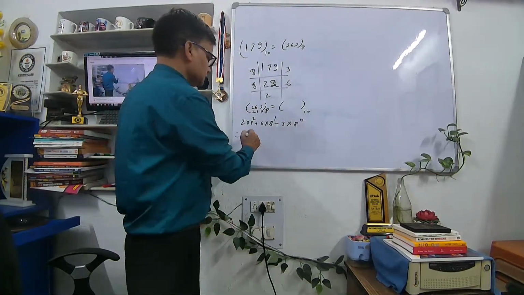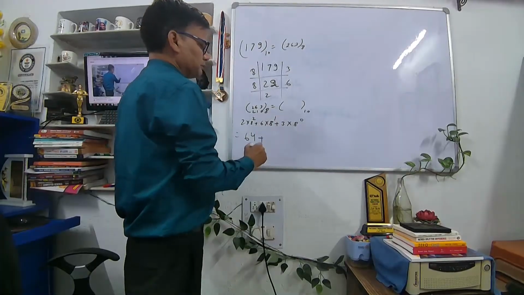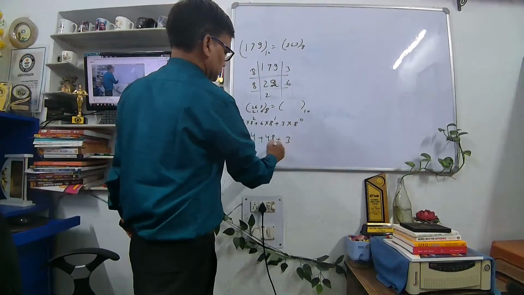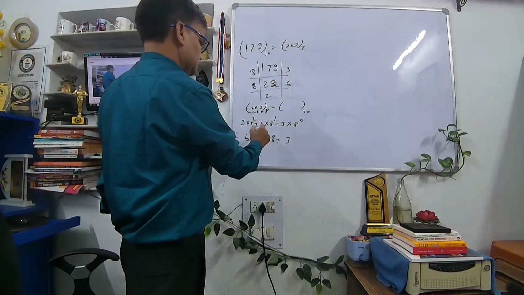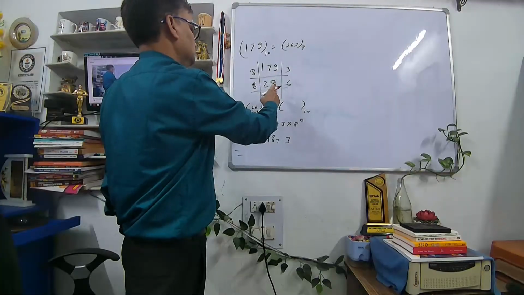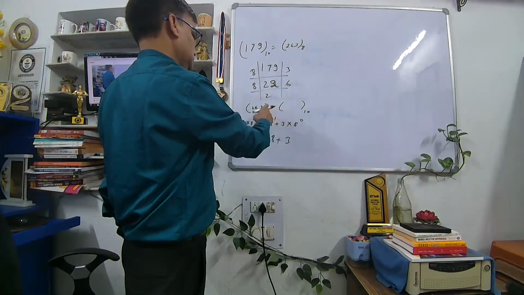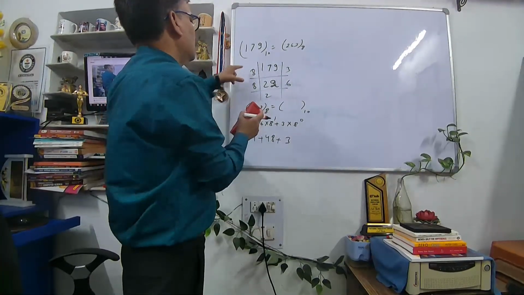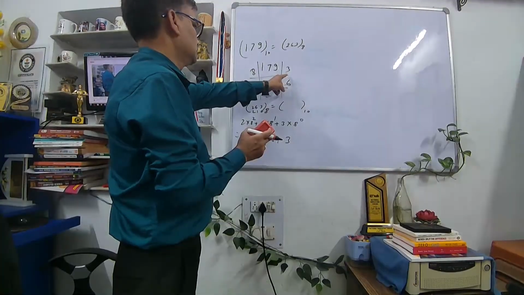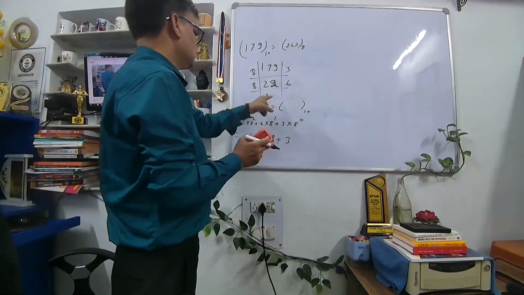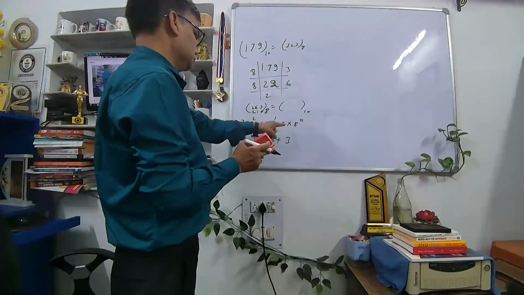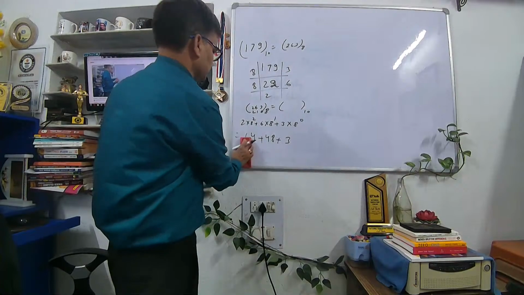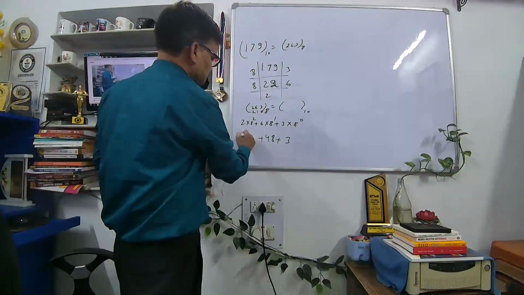I made a mistake somewhere, let me check. 3 into 8 to the power 0 is 3, 6 into 8 to the power 1 is 48, and 8 to the power 2 is 64, into 2 is 128.